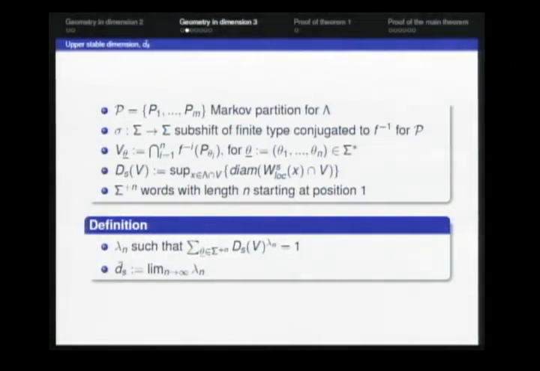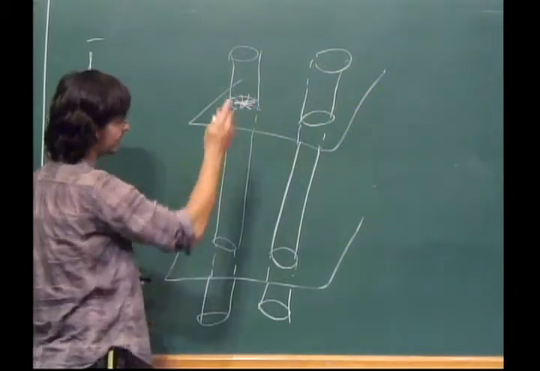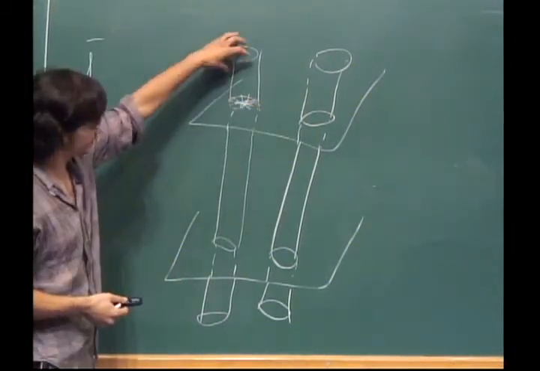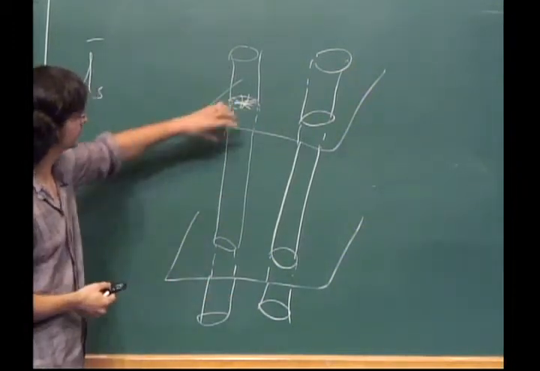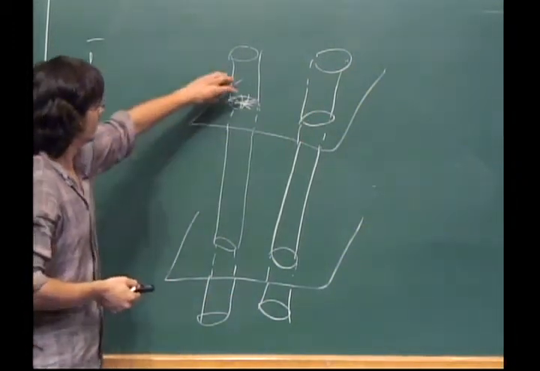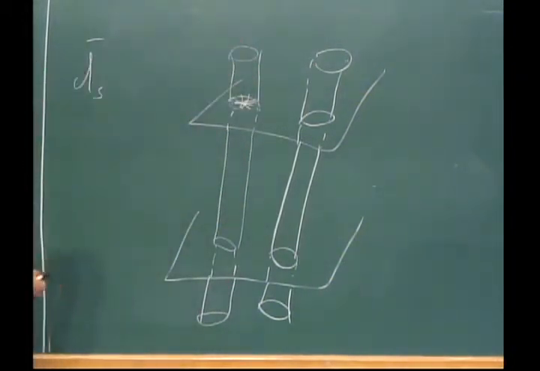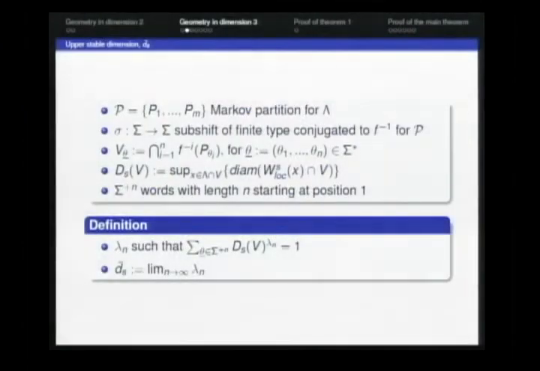And then we measure the size of each piece, which is the intersection of this advanced iterate of Markov partition and stable leaf, stable manifold, and we take the biggest of them, which is this DSV here. And then we take this number such that this sum is 1, and we take the limit of this number. This is what we call upper stable dimension.